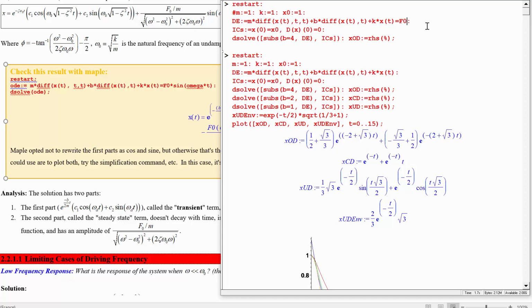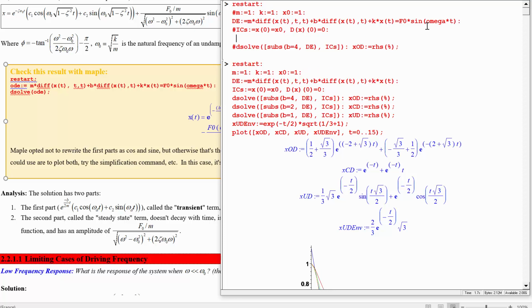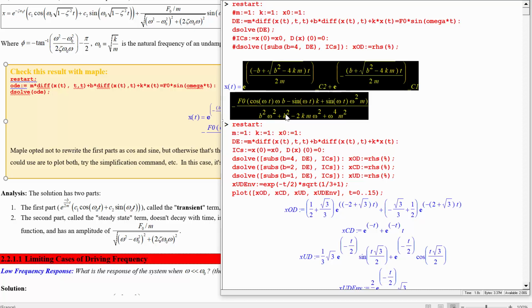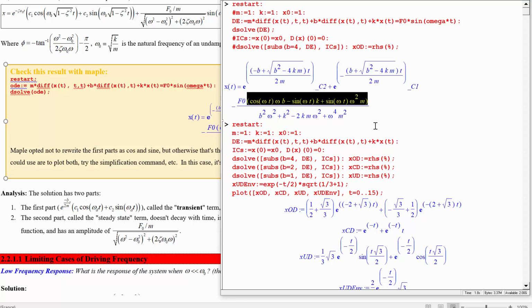We'll say instead equals f naught times sine of omega times t. And we'll forget about the initial conditions and we'll just say dsolve dE. What do we get? Aha, it did it. So we have our decaying exponentials times these constants. See this? Underscore C1 and C2. And then this thing that's not multiplied by an exponential or the constant, which is the particular solution.